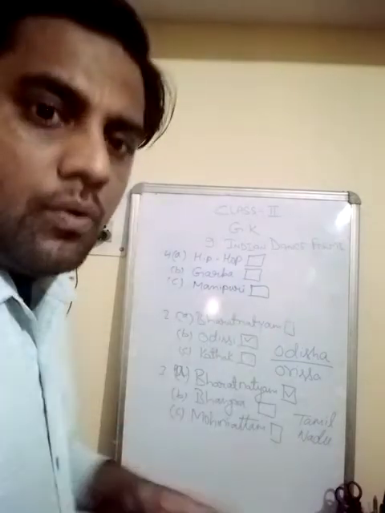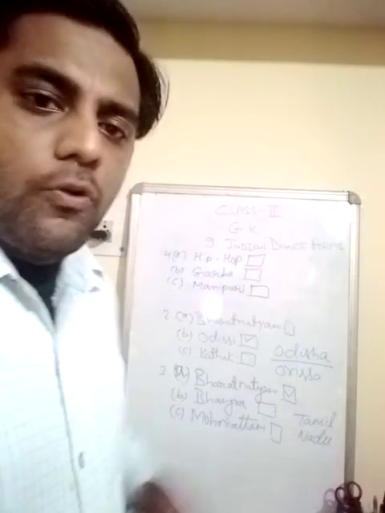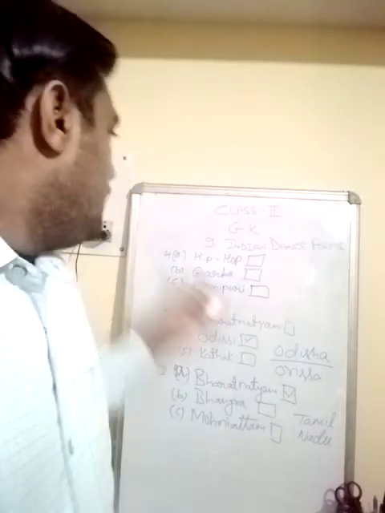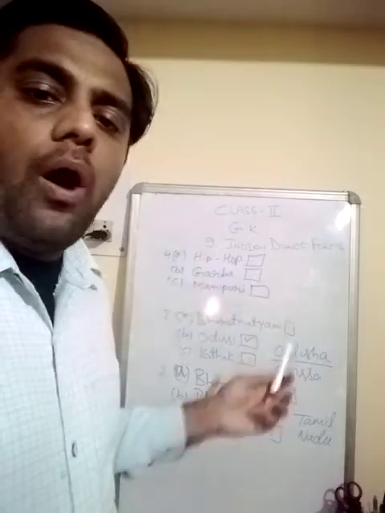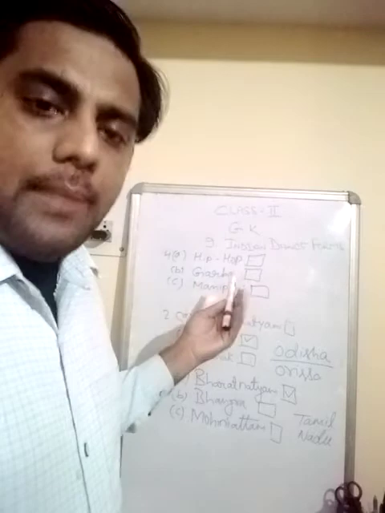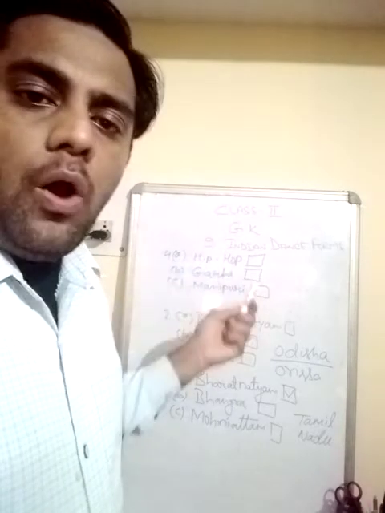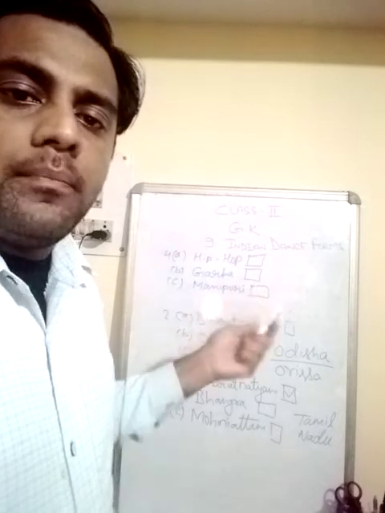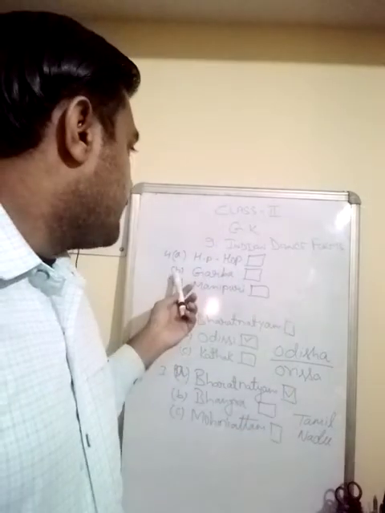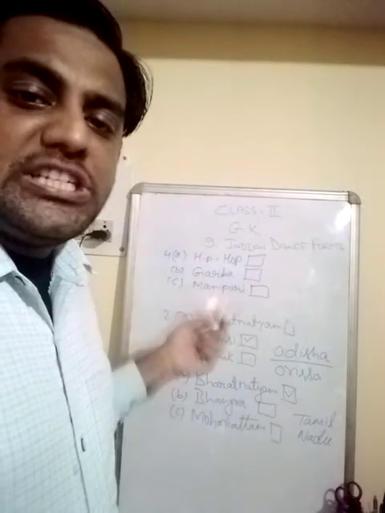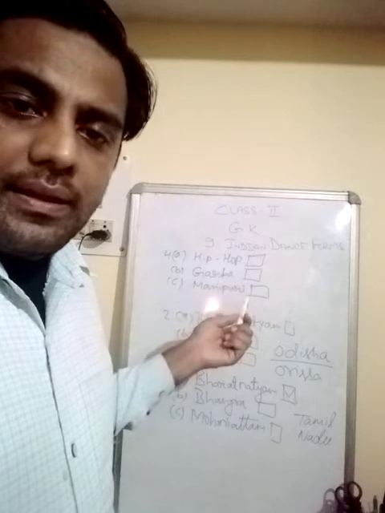So what are your three options for pick number 4? Let's spell it out. Option A, hip hop. Then option B, Garba.